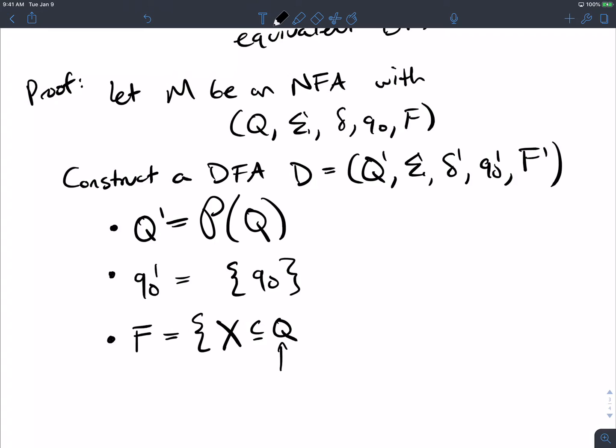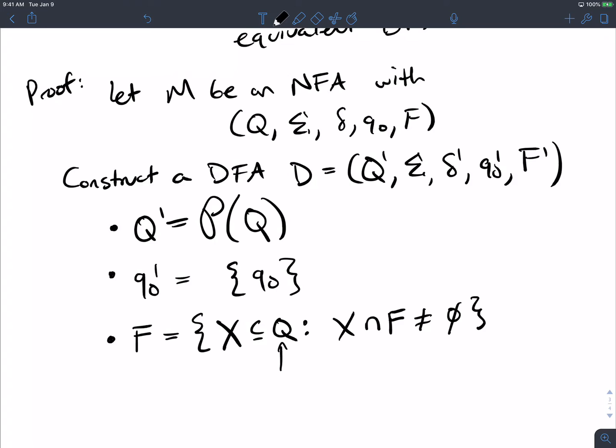But it's all subsets such that X has non-empty intersection with the final states of the NFA. So, what in the world did I just write? It's all subsets which correspond to states in the DFA, remember? DFA states are sets of states in the NFA. Again, if you repeat it to yourself 100 times, you're almost halfway there.